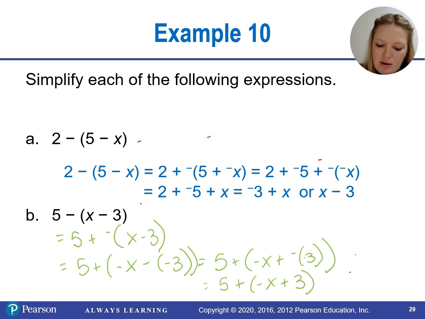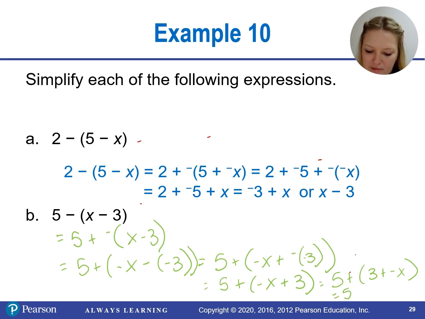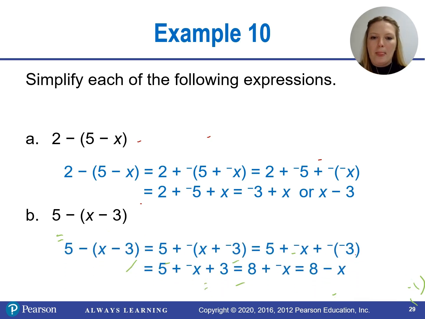Use the associative property again and the commutative property. So I can regroup this as 5 plus 3 plus negative x, or 8 plus negative x, or 8 minus x. There it is.